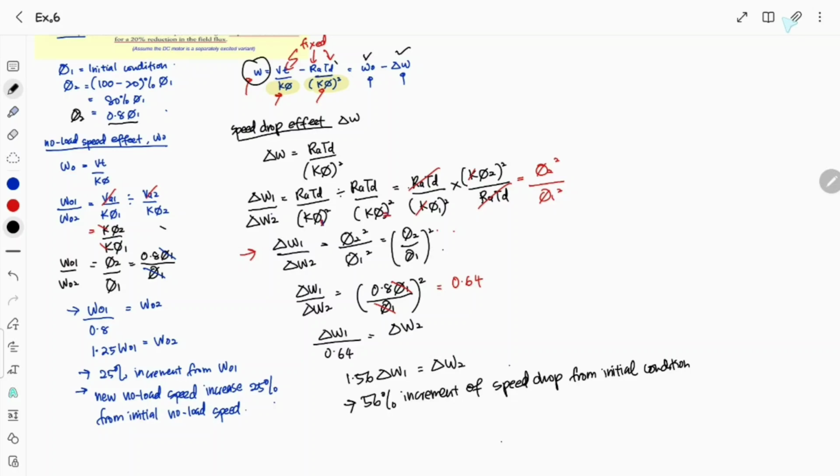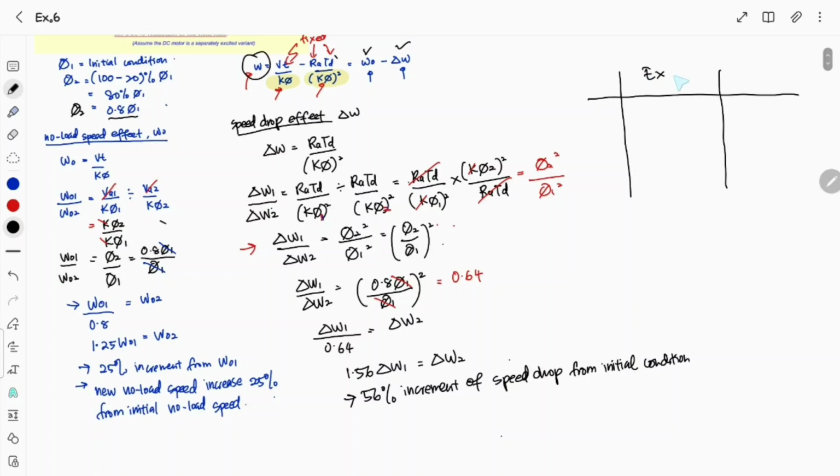Okay, from both example 5 and example 6, what can you conclude? From example 5, what happened? You have a 25% increment of VA, and you increase 20% also of the no load speed.